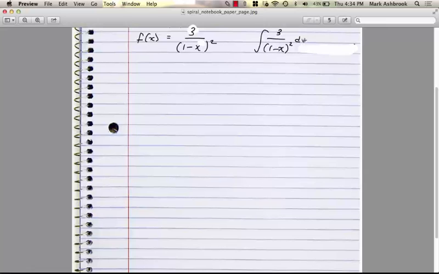What would the antiderivative of this be? 3 over 1 minus x, right? And I think, is that it? So therefore the derivative of 3 over 1 minus x is the function we have.